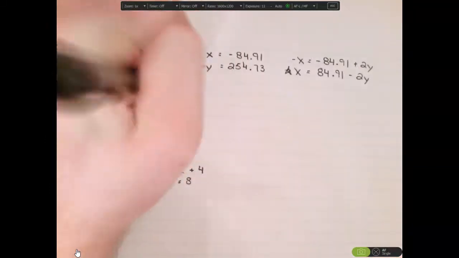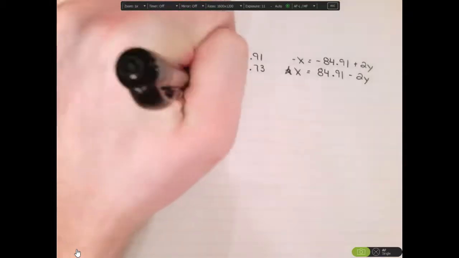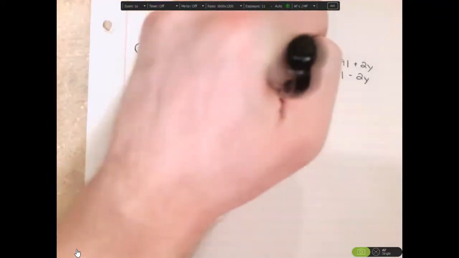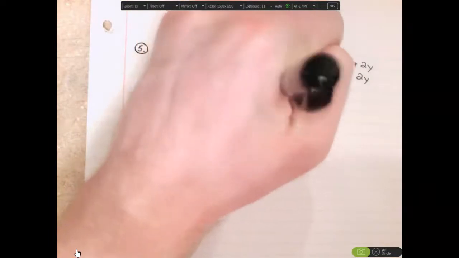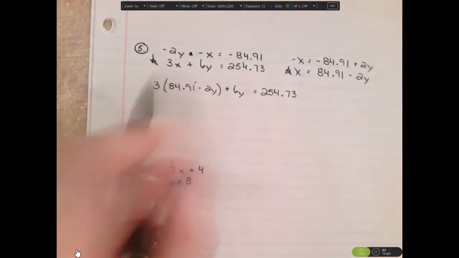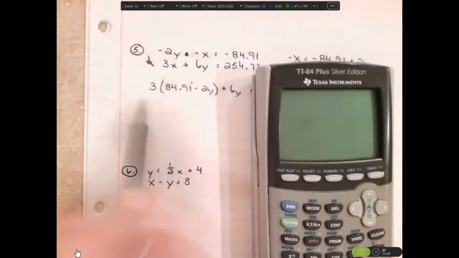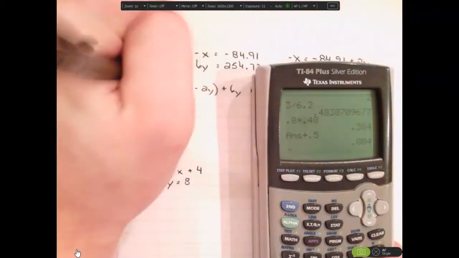I have 3, plug in for x, 84.91 minus 2y plus 6y equals 254.73.